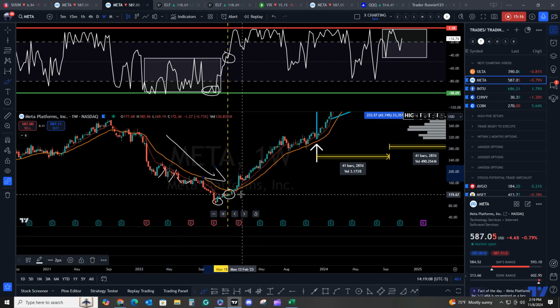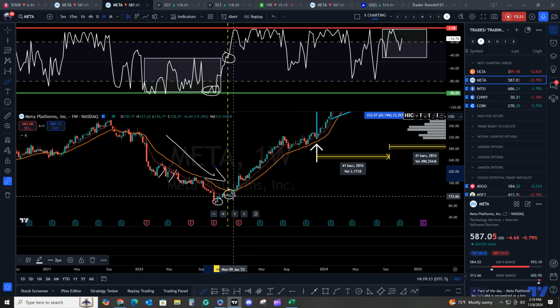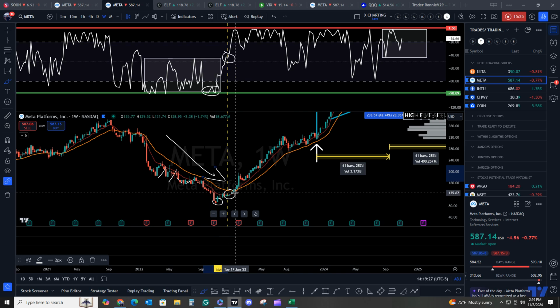It's time to run. And you would have got in between $132 and $110. So imagine getting Meta still for below $130 per share. It's okay to be a little late sometimes.